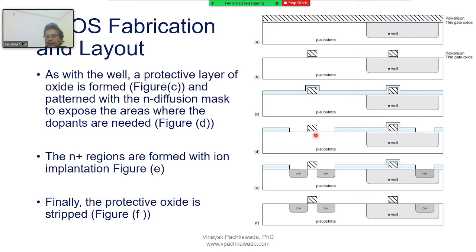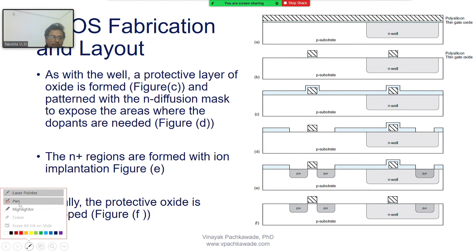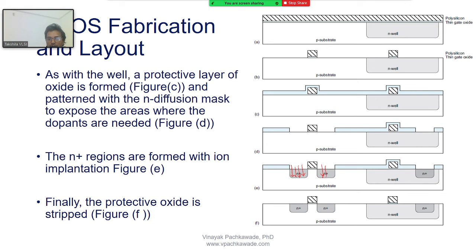Now once this figure D is available, I did the ion implantation. What I did here is very simple again. I used ion implantation and introduced the dopant up to the depth I want, and that's how I got this one.